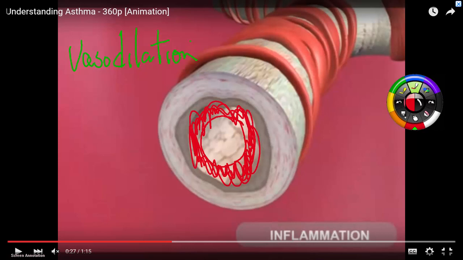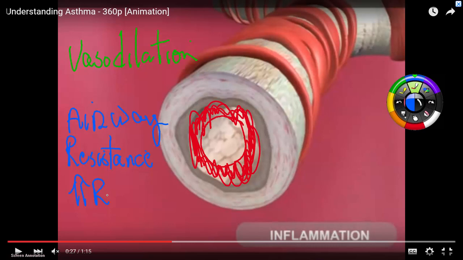Now, what's going to happen to airway resistance? Just like in blood pressure, airway resistance is going to go up. Right? You made the bronchiole smaller, so that's going to increase the resistance to airflow. So what that person has to do is they have to create a greater airway pressure, right?